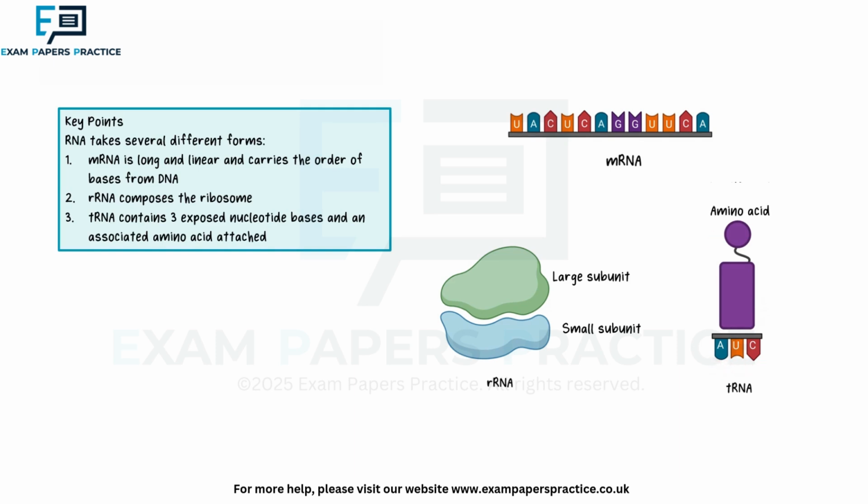The 3 bases that are exposed are called an anticodon and are specific to the amino acid. For instance, this tRNA has 3 bases, UAC, which means it has the amino acid methionine, or MET, attached to it. If the 3 bases are GAA, it will have the amino acid leucine, or LEU, attached to it.